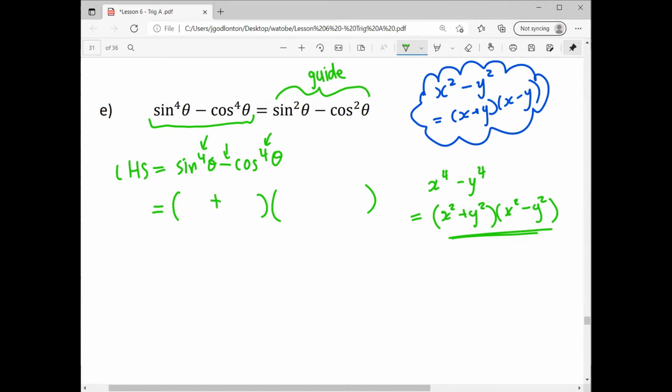I'm going to have a plus and a minus. When I multiply these together, I need to get sine 4 theta, which means this needs to be sine squared theta, and that needs to be sine squared theta, because then when I multiply them together, I get my 4. Then I'm going to do that exact same logic with my cos.